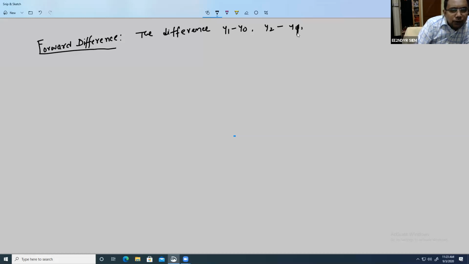Forward difference: the differences y1 minus y0, y2 minus y1, next y3 minus y2, and so on up to yn minus y(n minus 1).